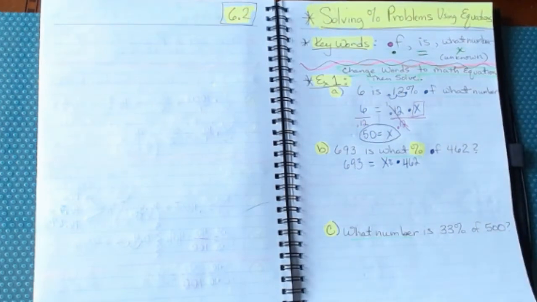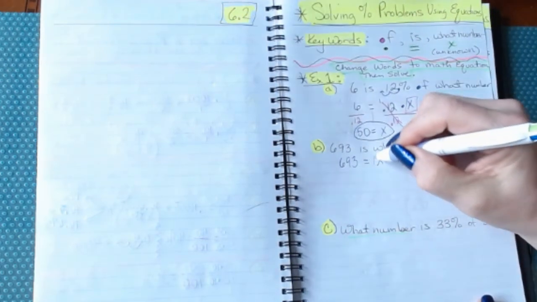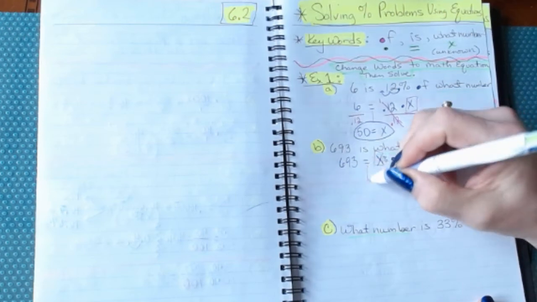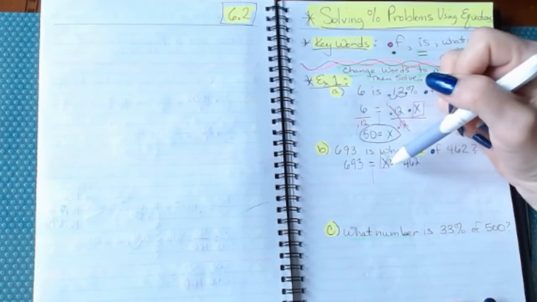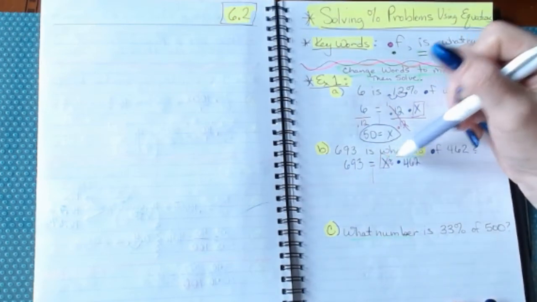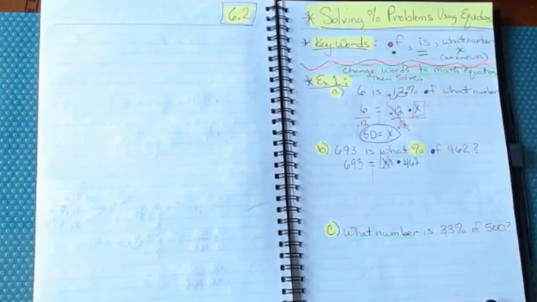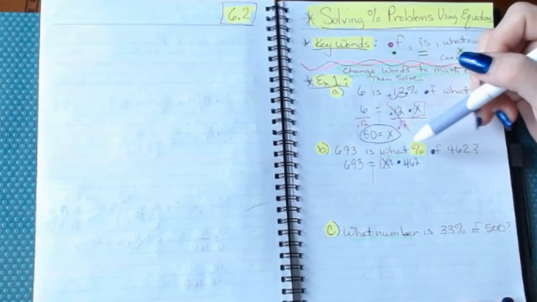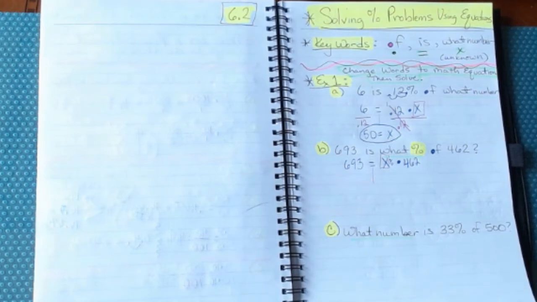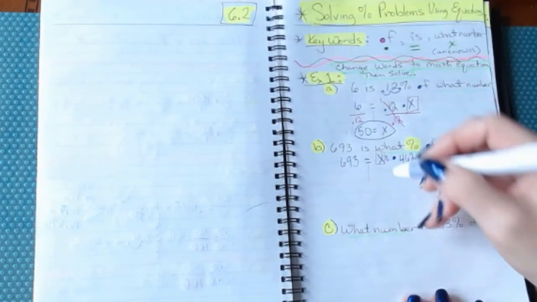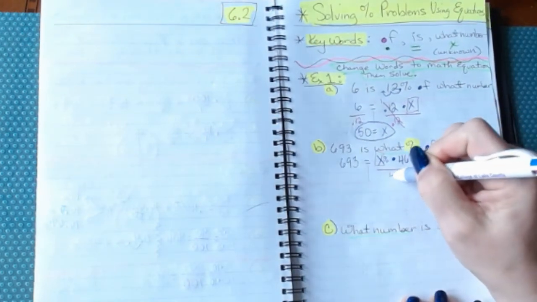So now again, we are looking to solve for our unknown. There is our equal sign. Is anything hanging out with our variable? Yes, 462. What operation is occurring? Multiplication. How do I undo multiplication? I divide.